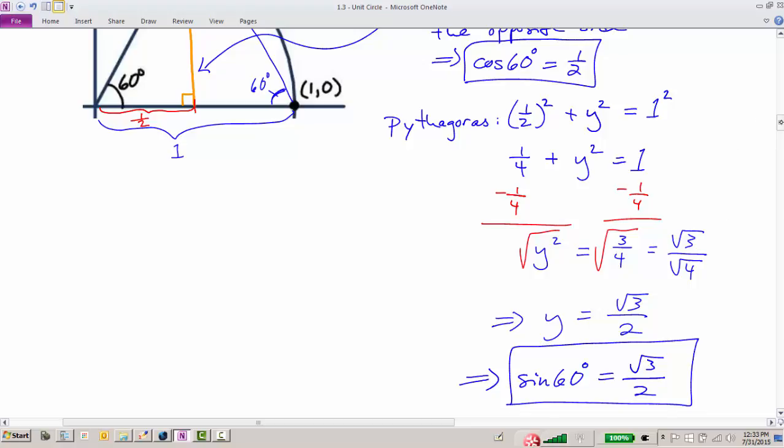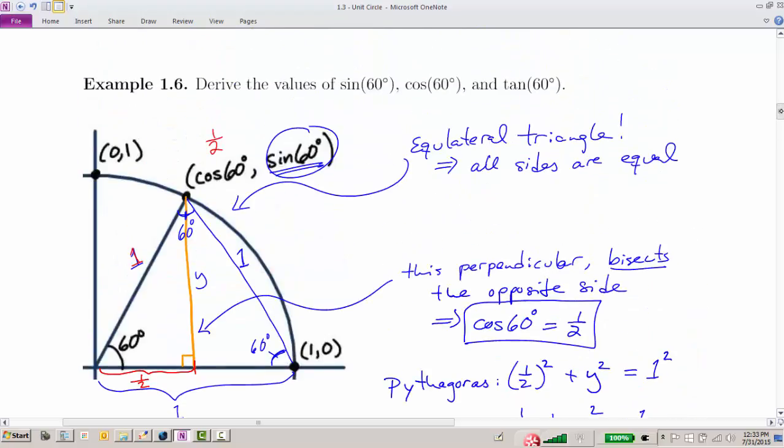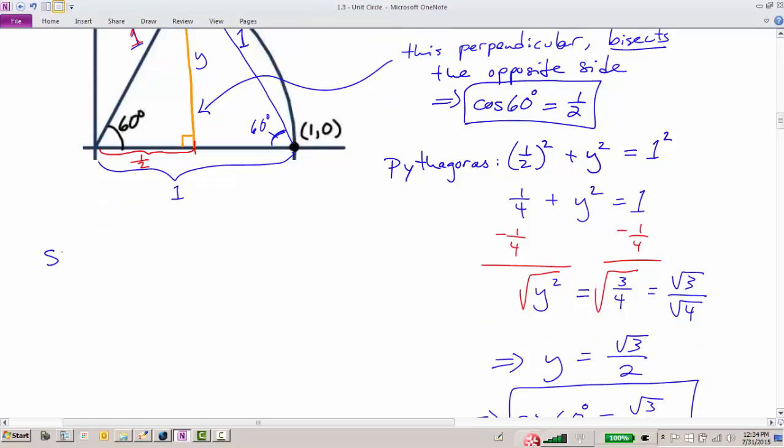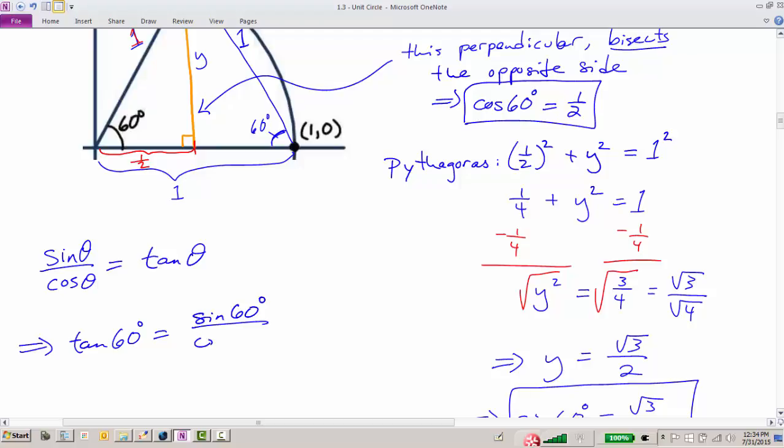The last value that we're looking for is tan of 60 degrees. We have cosine and sine for 60 degrees, which means we have just a little bit of arithmetic to do to find tangent of 60 degrees, because we know that sine theta divided by cosine theta is equal to tan theta. And that means that tangent of 60 degrees is equal to sine of 60 degrees over cosine of 60 degrees.